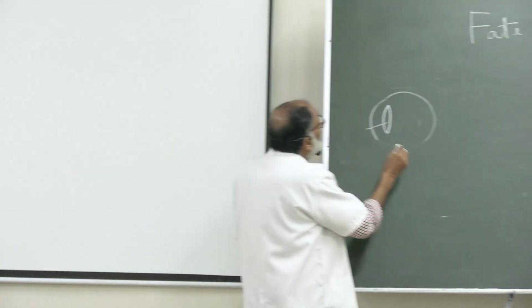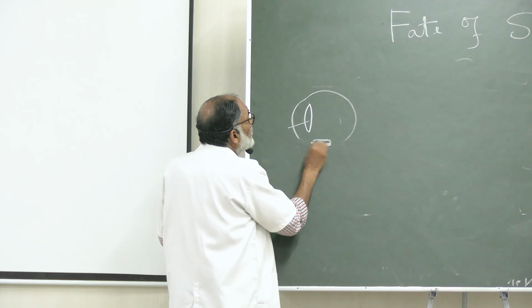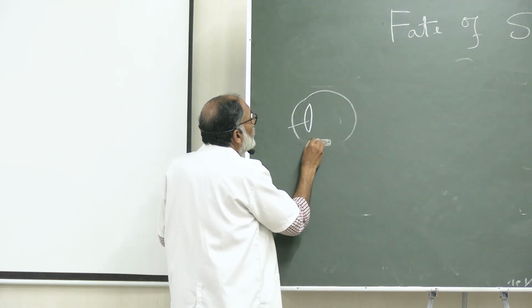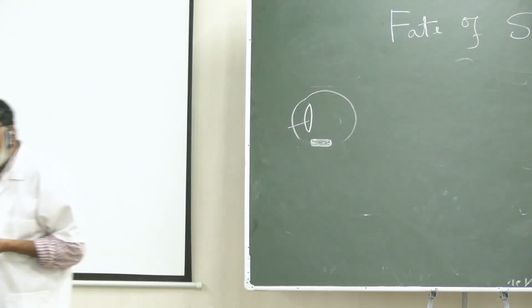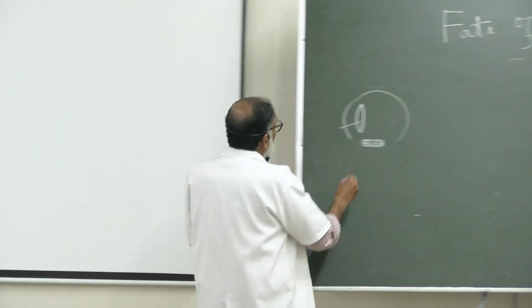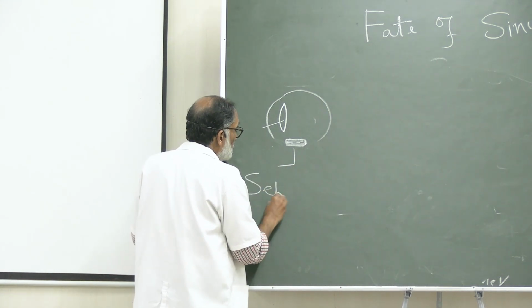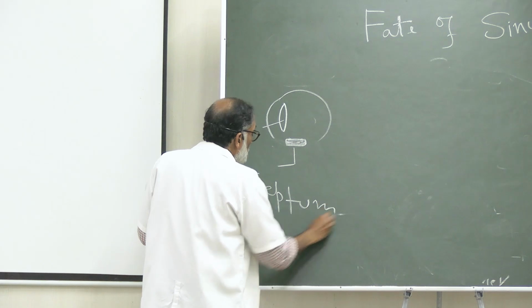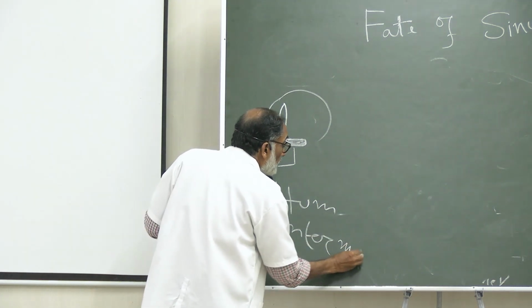Now, this AV cushion, when they fuse, will form what is called the septum intermedium.